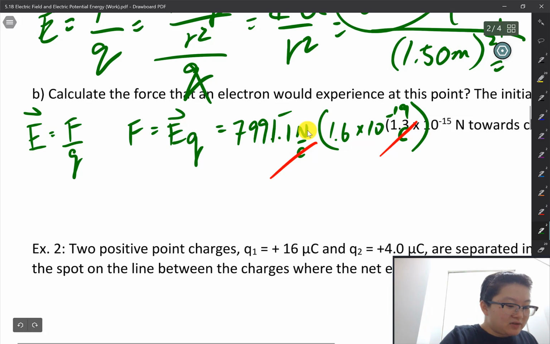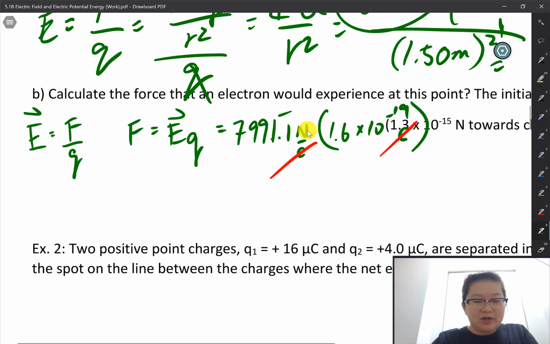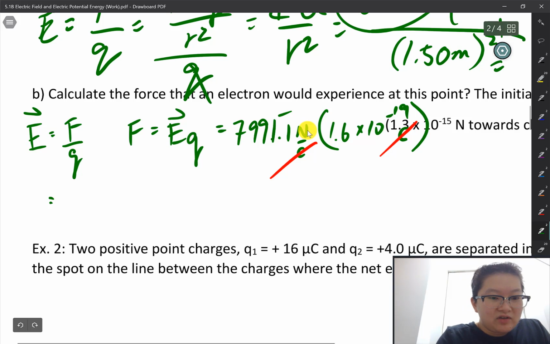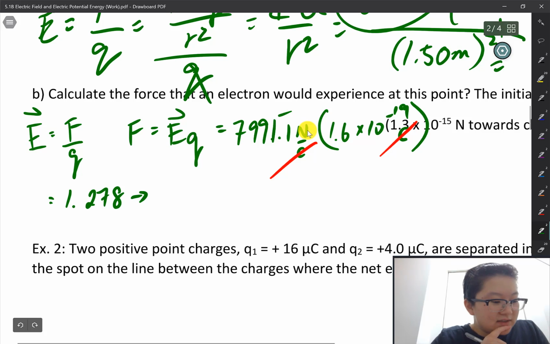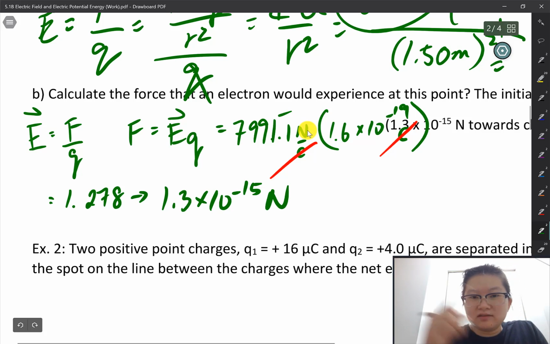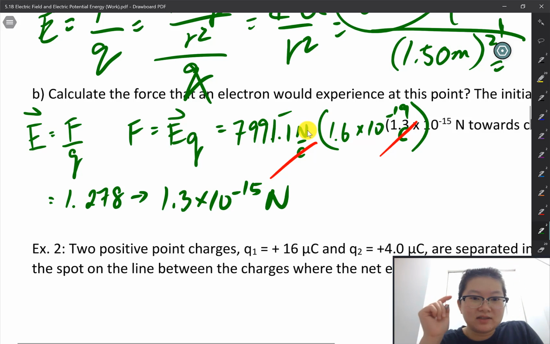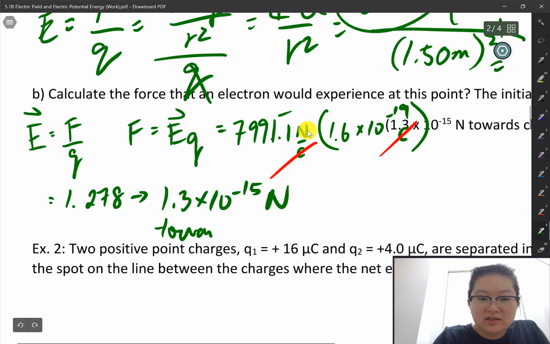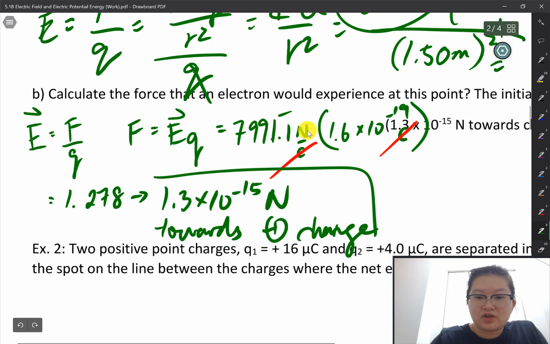So I'm going to take that, multiply by elementary charge. This is going to give me 1.278, and to 2 sig figs, this is going to be 1.3 times 10 to the power of negative 15 newtons toward, this is an electron, so yes, the electron would accelerate towards the positive charge.